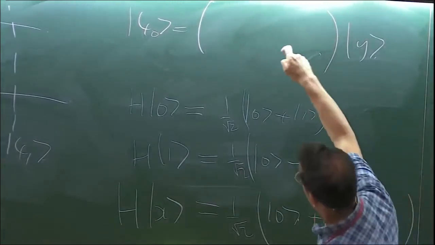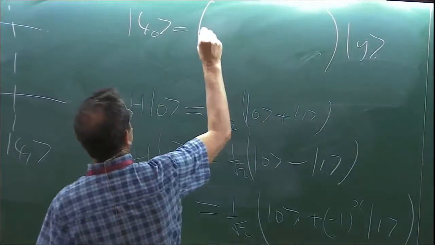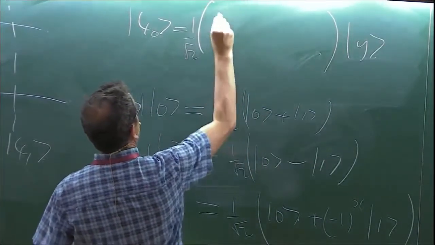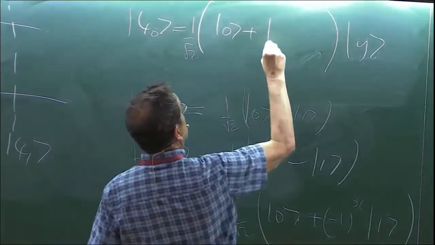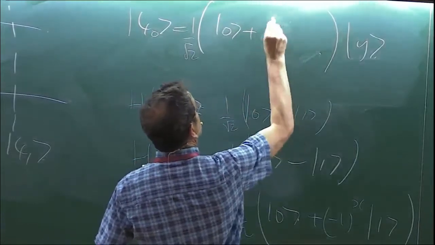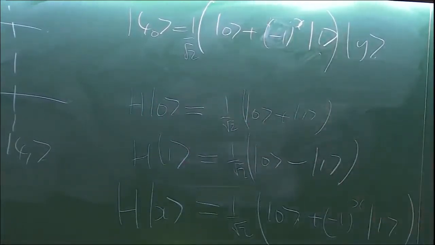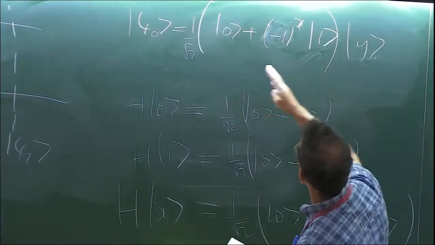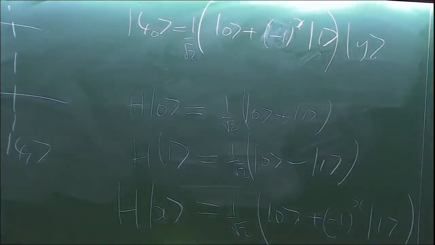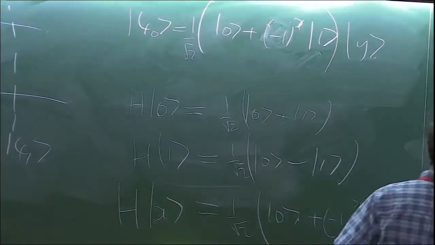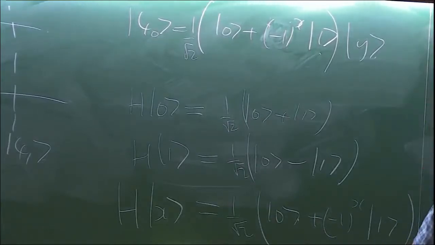So this is what I have to put in here: 1 over root 2, 0 plus minus 1 to the x times 1. The first state here is the target qubit, the upper one. The second state is the control qubit, which is the lower one. So what happens now when this linear combination goes through the CNOT gate?